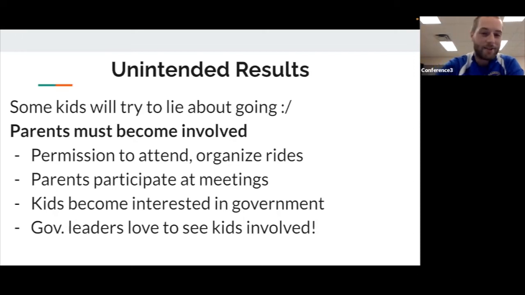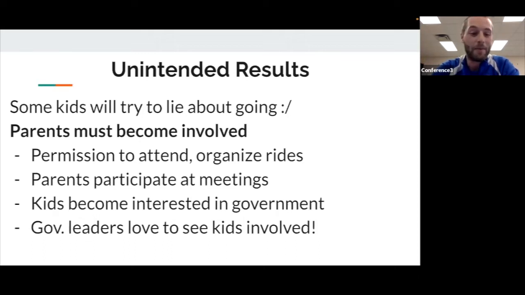When I started this, I didn't realize how much I really did need parents to get this to be successful. Usually the parents have to give permission to attend. They have to organize the rides. The parents will participate at the meetings because they'll show up with their kids.